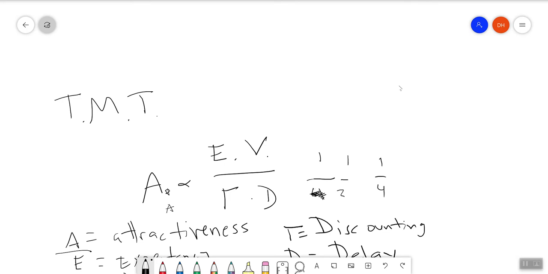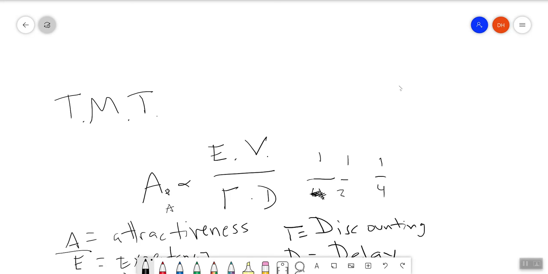This temporal motivation theory is a way of almost picturing visually, or almost mathematically, a way in which you can see the motivations that you have toward projects that you're working on.